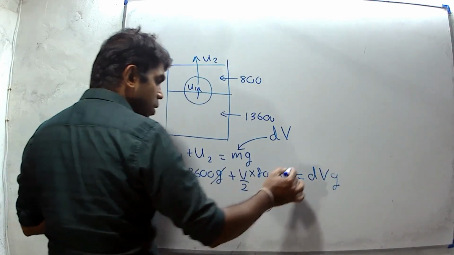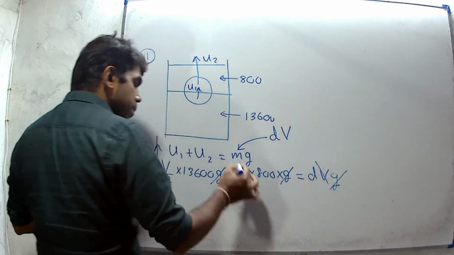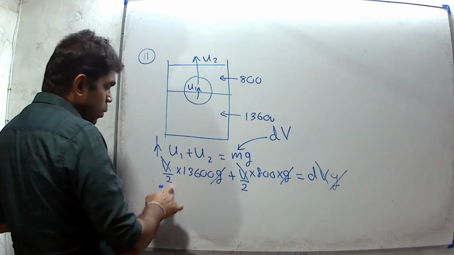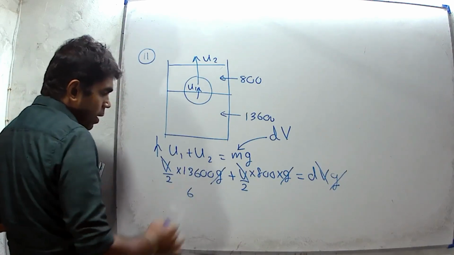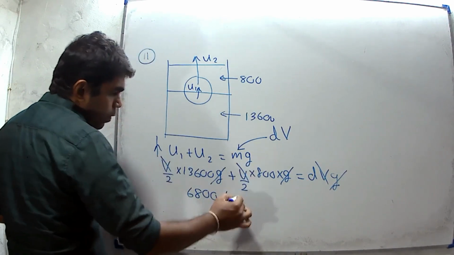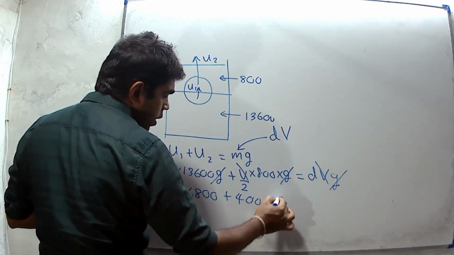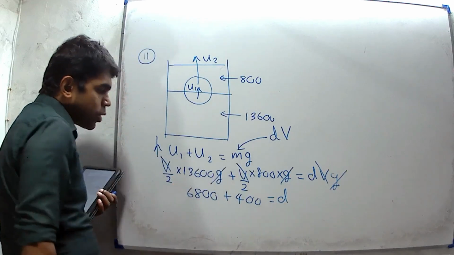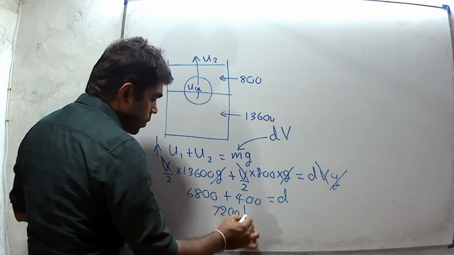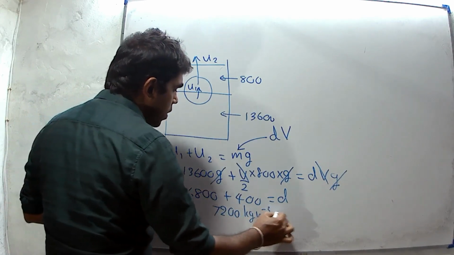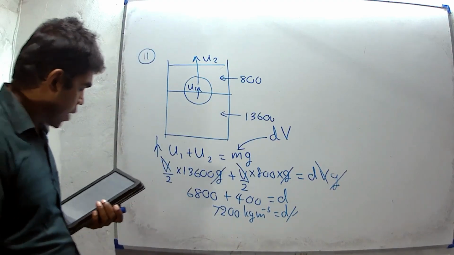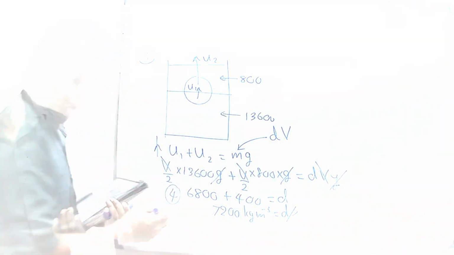Now we can cancel out g and V. We have to divide by 2. 13 divided by 2, 6, 1 remaining. 16 divided by 2, 8, 0, 0. Plus 400 equals density. 6,800 plus 400 is 7,200 kilogram per cubic meter. It is the density. Then the answer is 4 for question number 11.